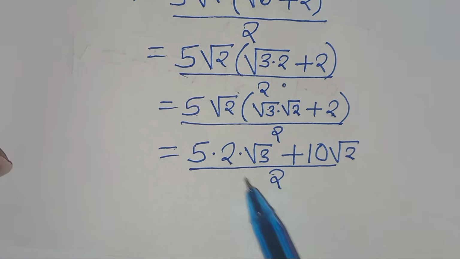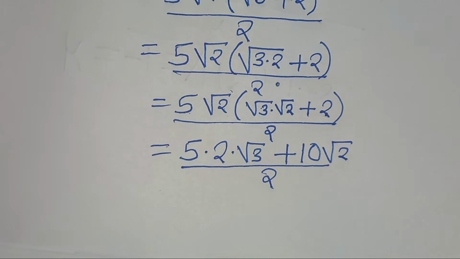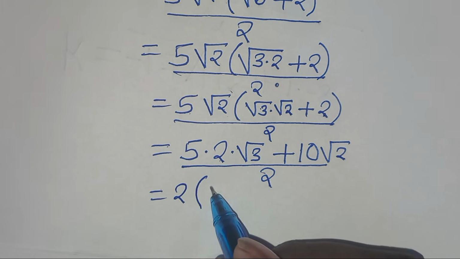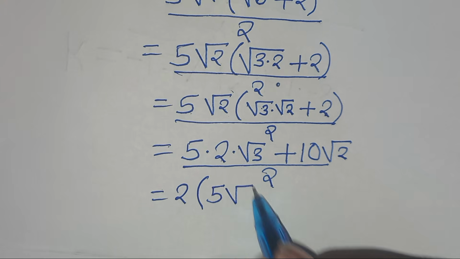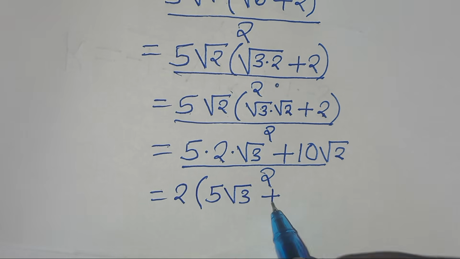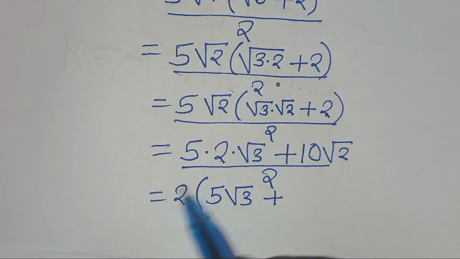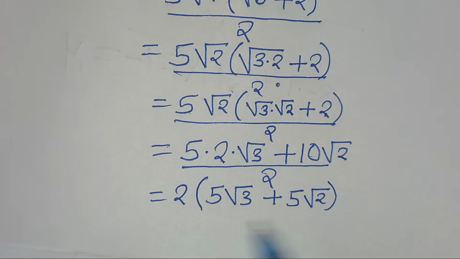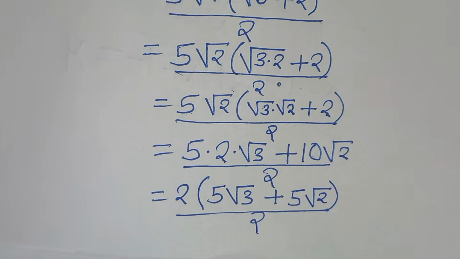Now in this case, we have that 2 is common here, so let's factor out 2 into the parentheses. This is 5 root 3, then plus 10 root 2 divided by 2, which is 5 root 2, then divided by 2.